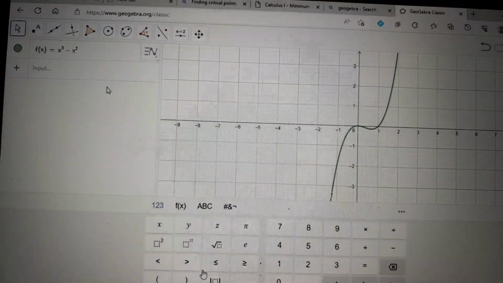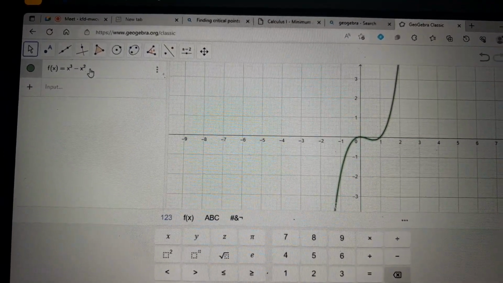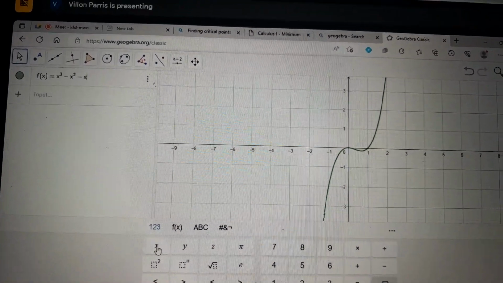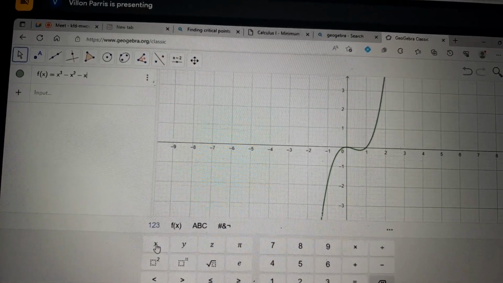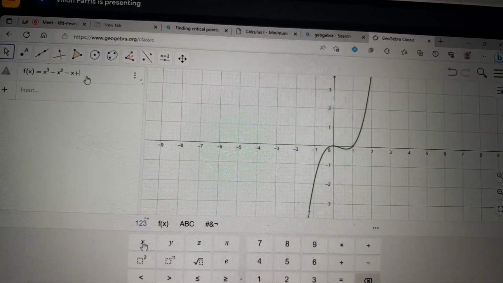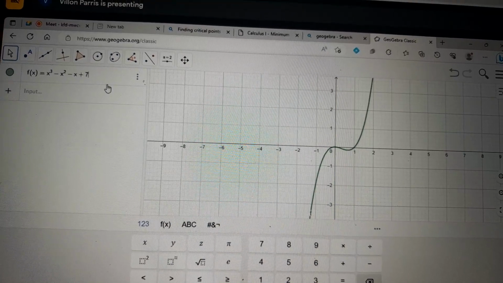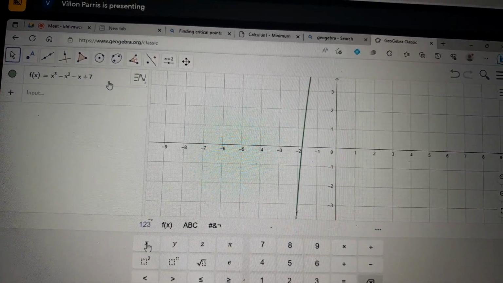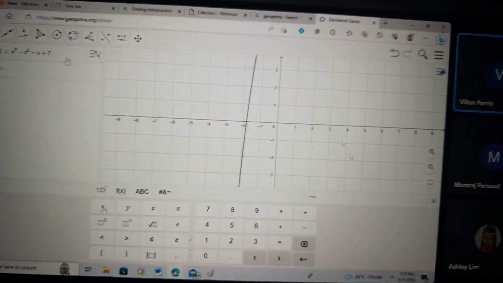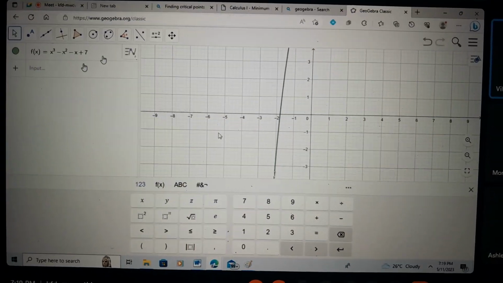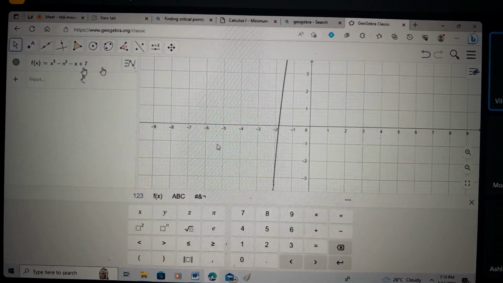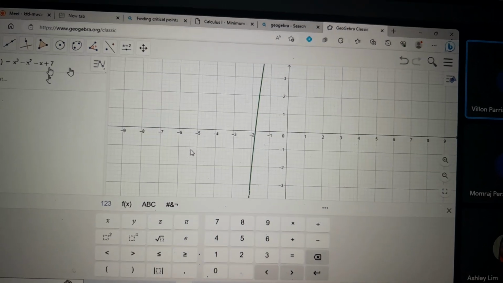So I'm in GeoGebra and I'm looking at the function, trying to construct the function x cubed minus x squared minus x plus 7.